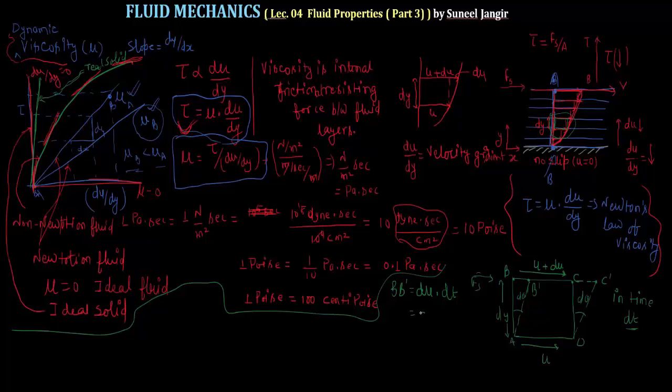So BB dash equals dy d theta, and also du dt. Comparing them, du dt equals dy d theta. Rearranging, du upon dy equals d theta upon dt.